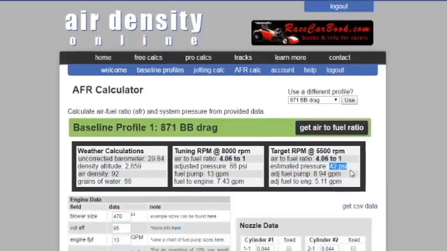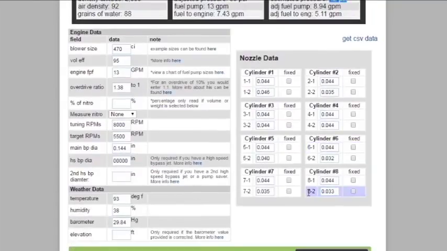Well, it turns out in this previous run, the high speed was set at 73 psi. So in fact, the tuner was mistaken. The high speed wasn't opening at 5,500. That is the first mistake that we found: the high speed is opening at some RPM much higher than what he thought it was.